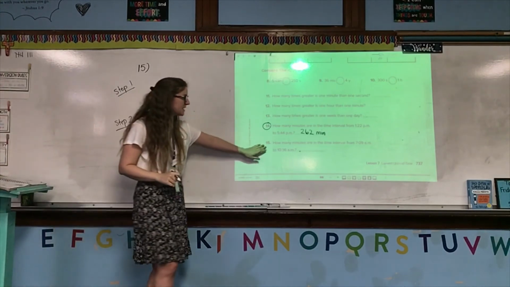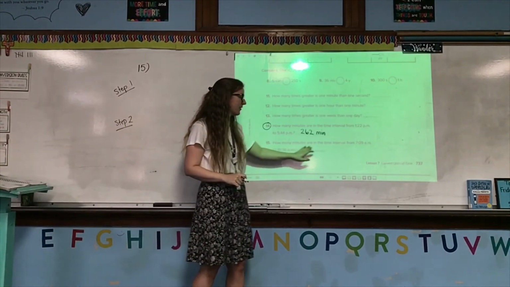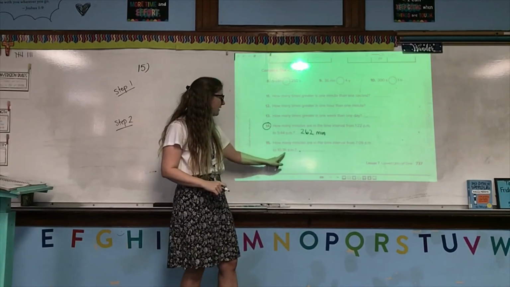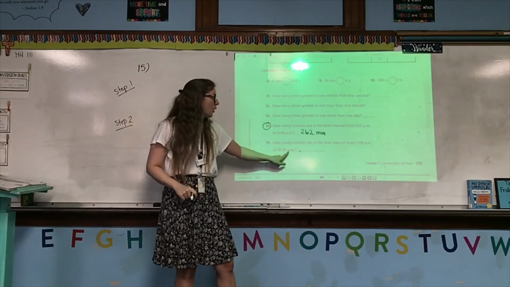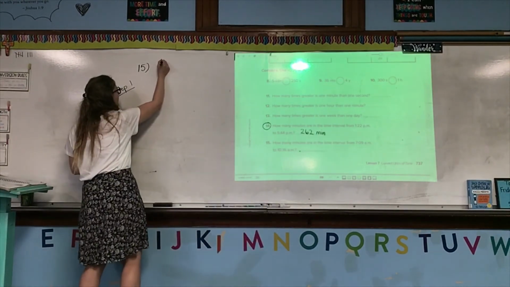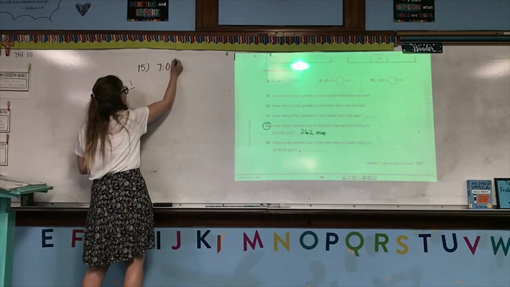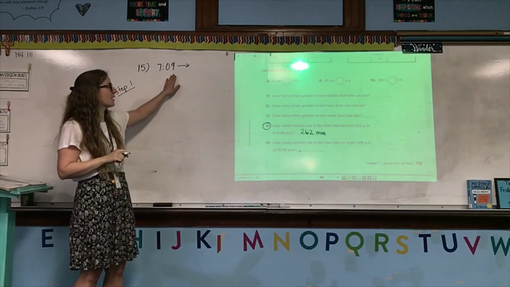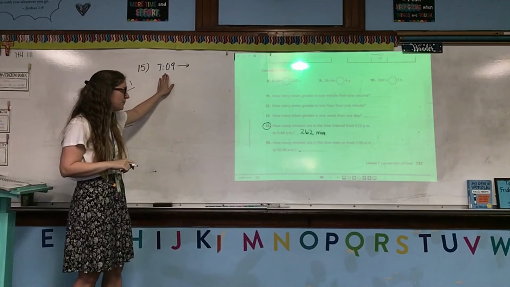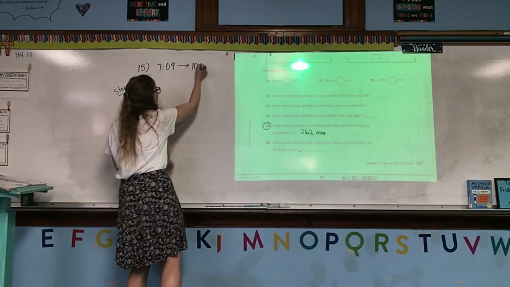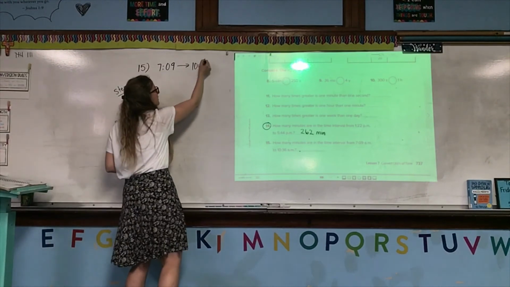So number 15 says, how many minutes are in the time interval from 7:09 a.m. to 10:36 a.m.? Well, I'm going to do the same thing I did on number 14. I'm going to start with my first time, so 7:09, and figure out how many hours are between 7:09 and 10:09, using the same number of minutes.